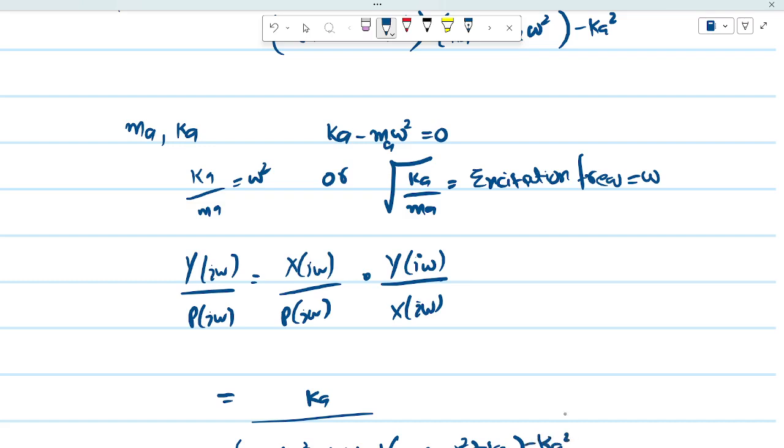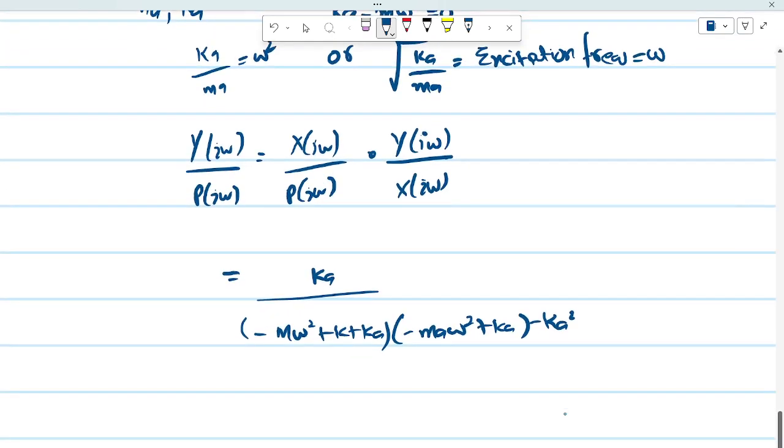So this is how we can find out the displacement in the absorber itself. And if the natural frequency of the vibration absorber is equal to the excitation frequency of the system, then it means Ka is equals to ma omega square.